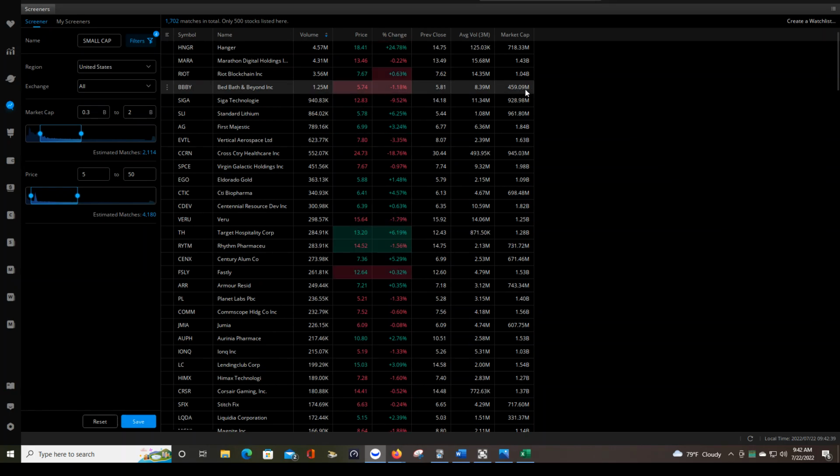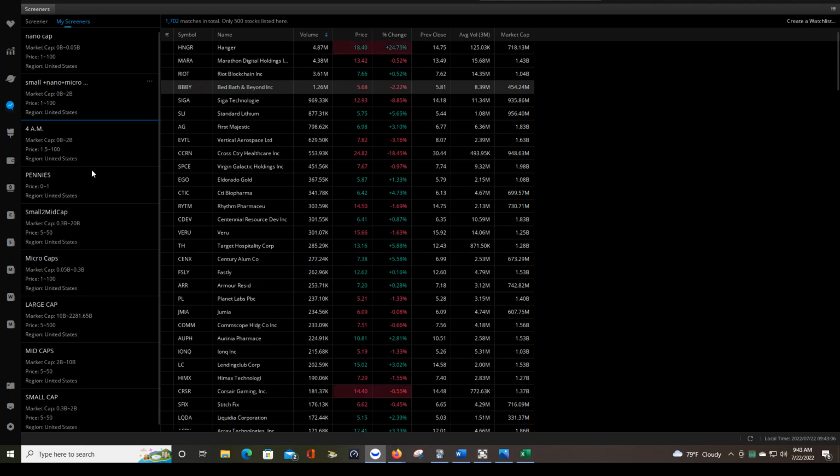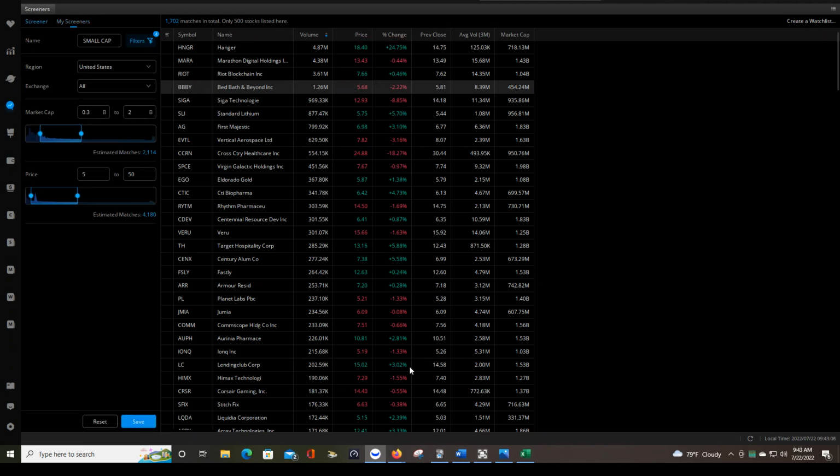So let's say at the beginning of the day it had very low volume and it was at $295 million market capitalization, and then some volume came in and shares were bought and the market capitalization goes up, and now it's inside of that market cap range that you have set. It's not going to pop up here on your screener now that it's inside the range unless you hit those three little dots and click modify.